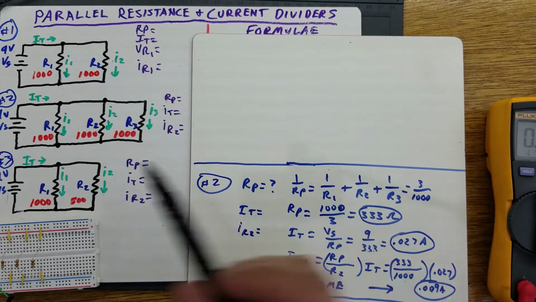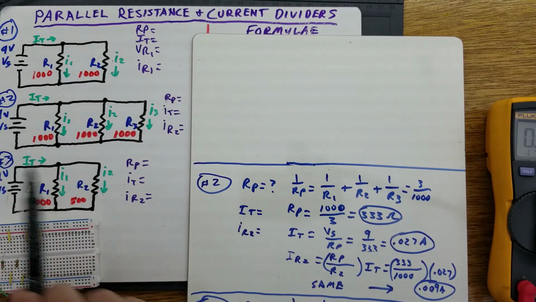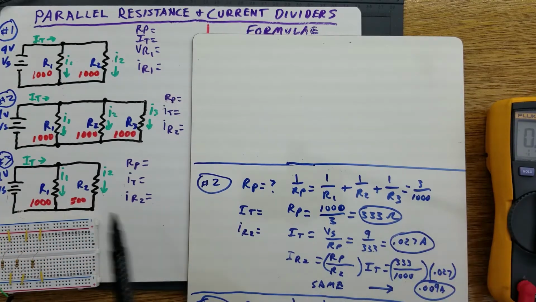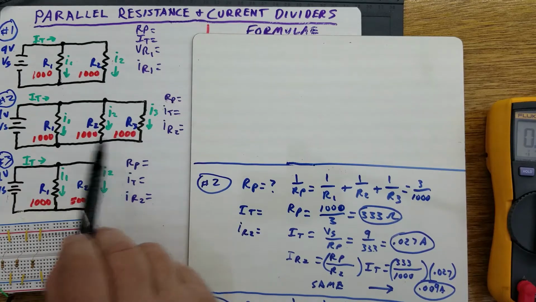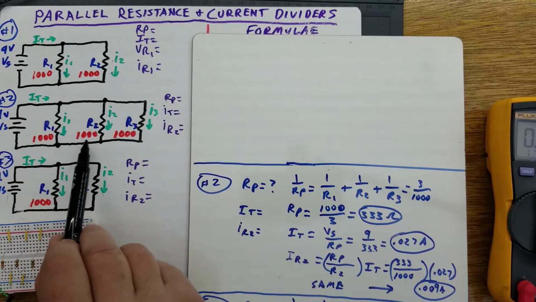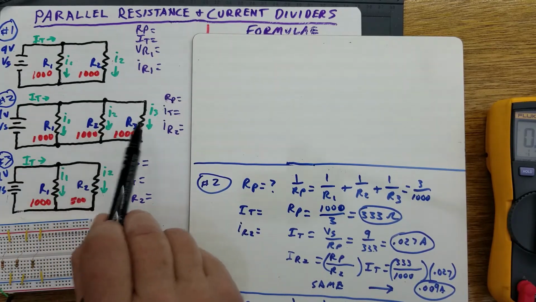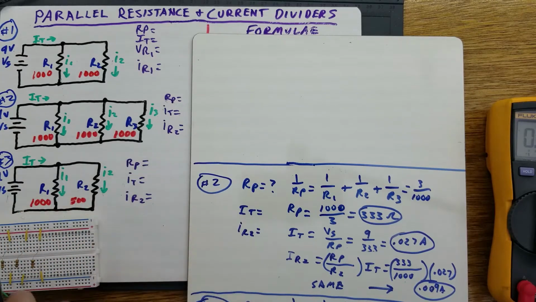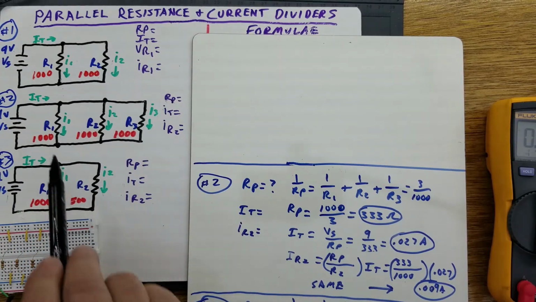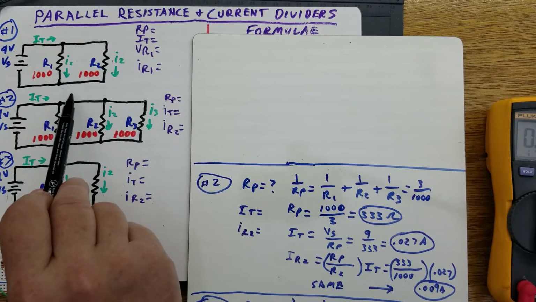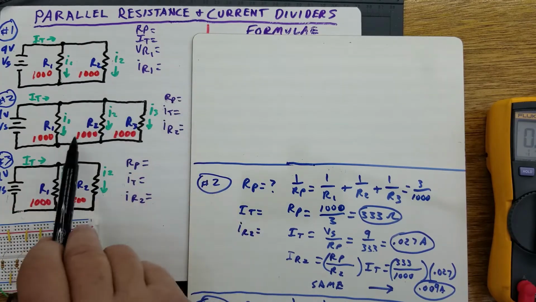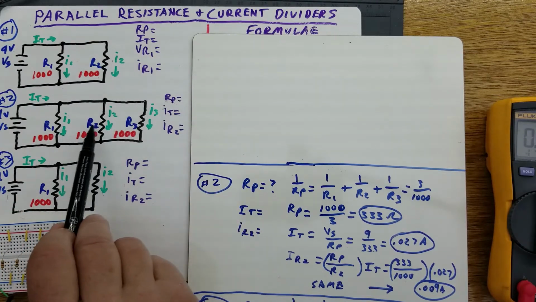Now you can probably guess, if you've got a total current of 0.027 amps, and all these resistors are the same value, that I1, I2, and I3 are all going to be distributed equally. So if you have 0.027 amps, you divide that 3 ways, each of those is going to be 0.009 amps.